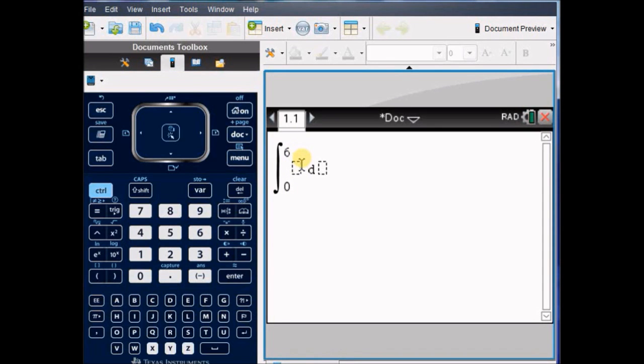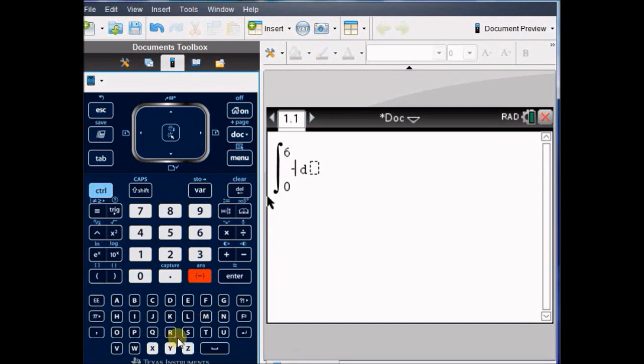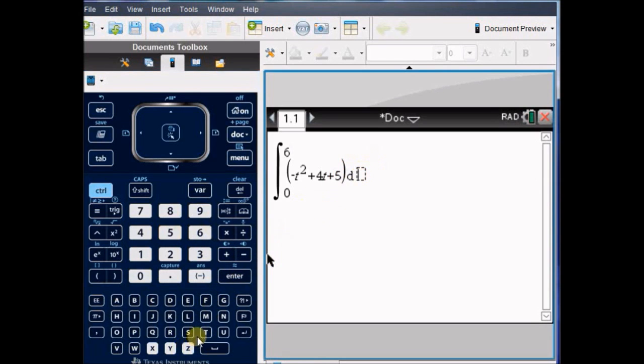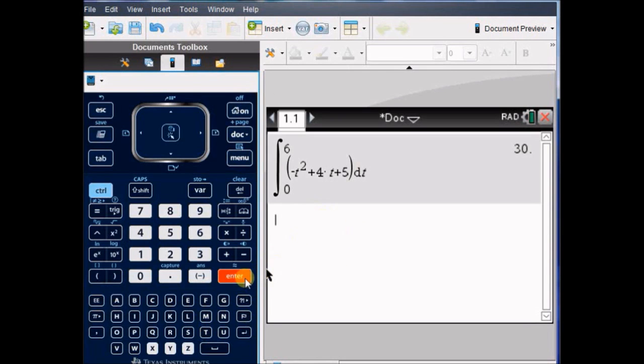We're finding total distance traveled, so we're looking at the velocity function, which was negative t squared plus 4t plus 5, with respect to t. And we got 30. Okay, so the reason we didn't get the correct answer, again, make sure we have those absolute value symbols in there.